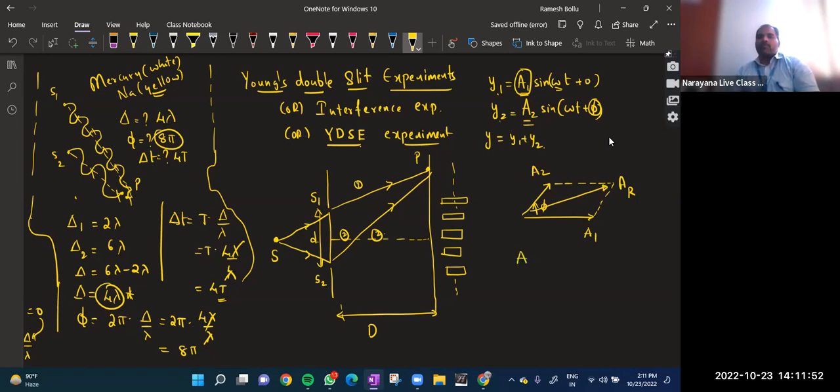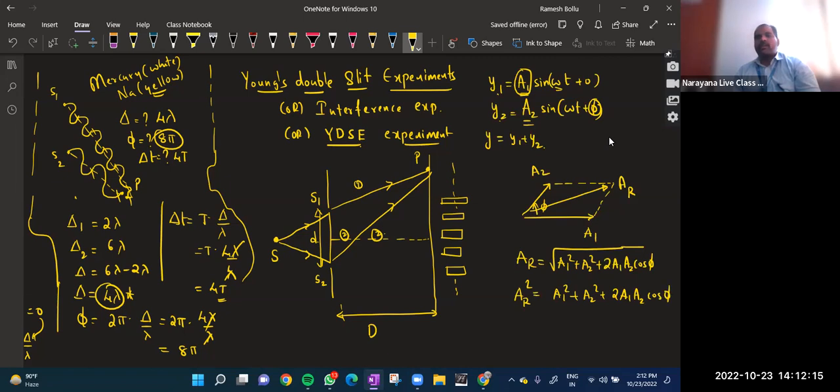A1 plus... Shabash. Under root of how much? A1 square plus A2 square plus 2A1 A2 into cosine of pi. If you square on both sides, what do you get? AR square equal to A1 square plus A2 square plus 2A1 A2 into cosine of pi.